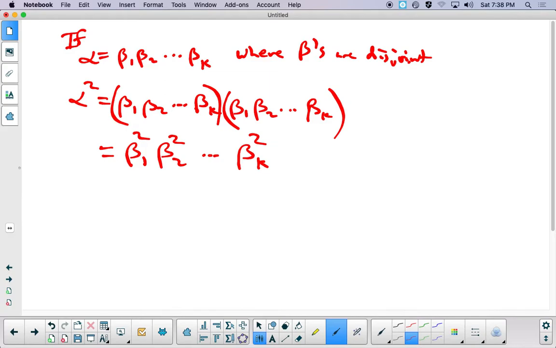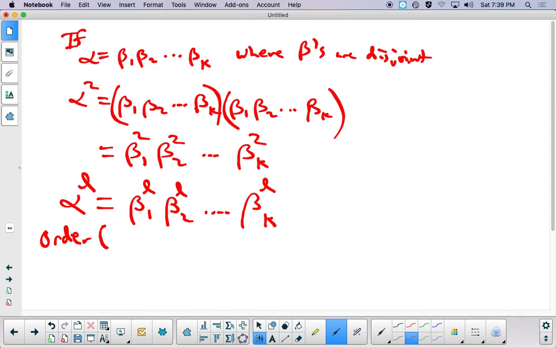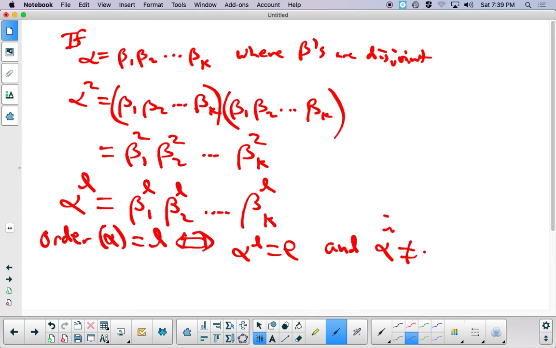And this also generalizes. In general, alpha to the L is going to be beta 1 to the L, beta 2 to the L, and so on all the way to beta k to the L. And of course, the order of alpha is equal to L if and only if alpha to the L is equal to the identity permutation, and alpha to the i is not the identity permutation for i equal 1, 2, all the way up to L minus 1.